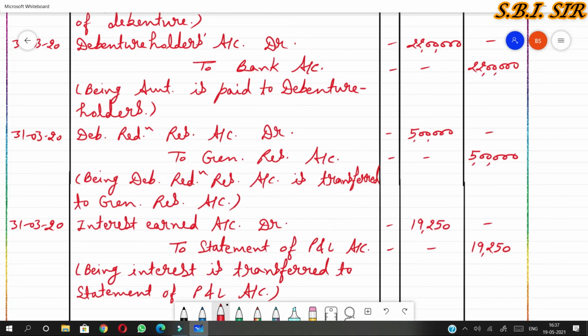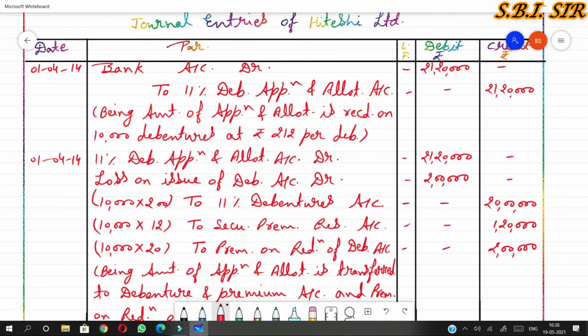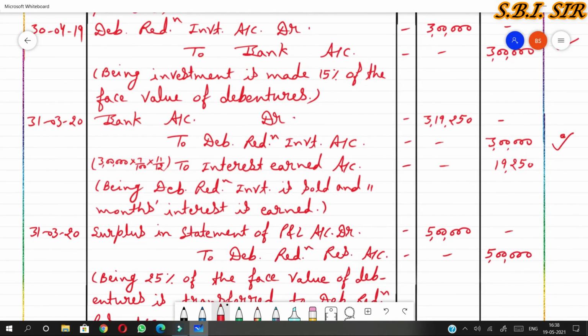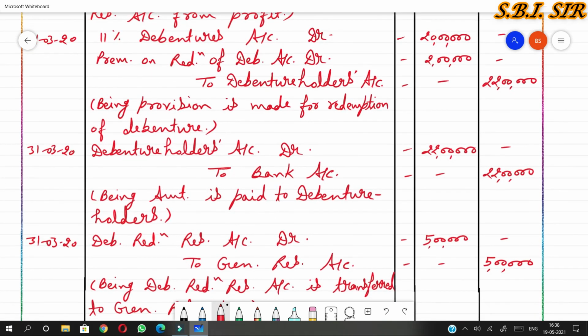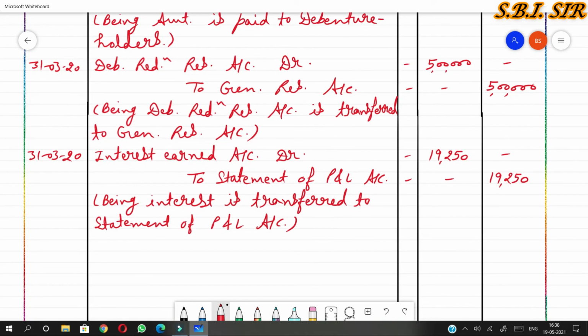Then students, we will make the total: 21,20,000 plus 2 lakh plus 3 lakh plus 3,19,250 plus 5 lakh plus 20 lakh plus 2 lakh plus 22 lakh plus 5 lakh plus 19,250.